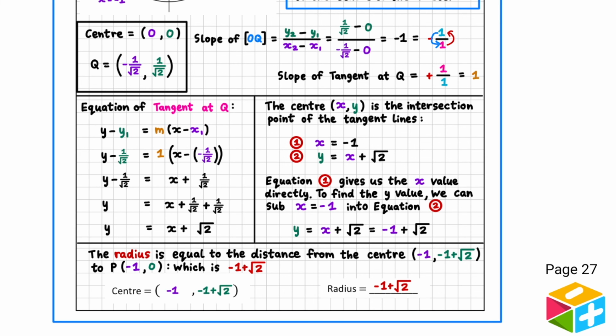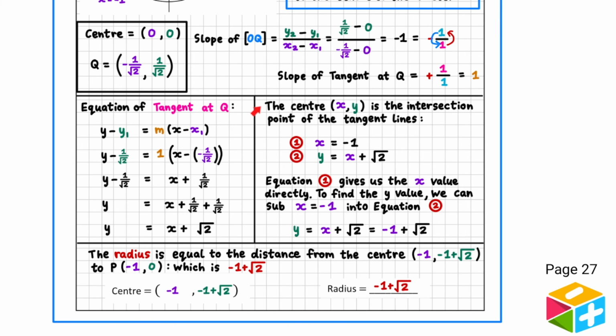Let's go ahead and simplify a bit. Minus 1 over root 2 is the same thing as plus 1 over root 2. The subtraction of 1 over root 2 on the left-hand side can be removed by adding 1 over root 2 to both sides. 1 over root 2 plus 1 over root 2 simplifies to root 2. Now we've got our equation in a nice format. Y is equal to x plus the square root of 2.